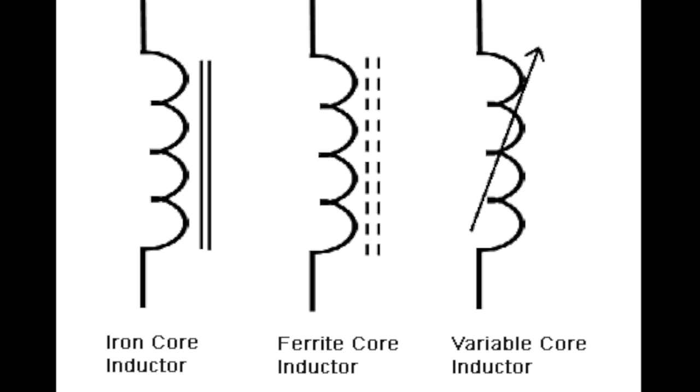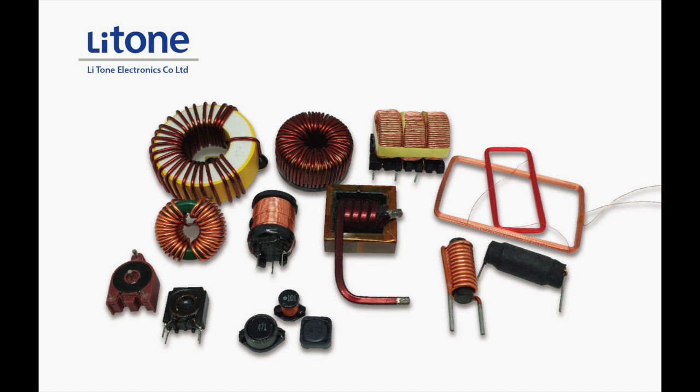Now, in order to begin to understand how inductors work, we first need to understand how magnetism and current work together. Magnetism is caused by current. So as you have electricity running through wires, magnetic fields will also form around these wires.